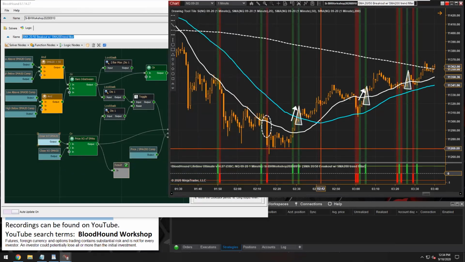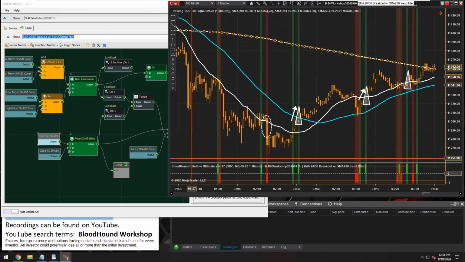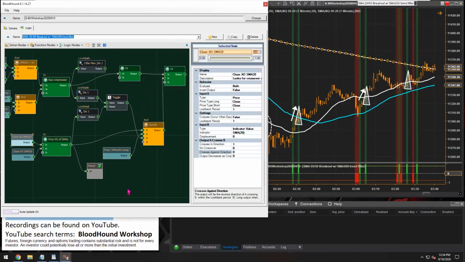Oh, actually, it looks like it will work. Because when we look at this now, all the signals that we want to get rid of are long, because it's a cross up. But of course, what we're expecting is short signals because price is below our SMA 200. So actually, I think that works.